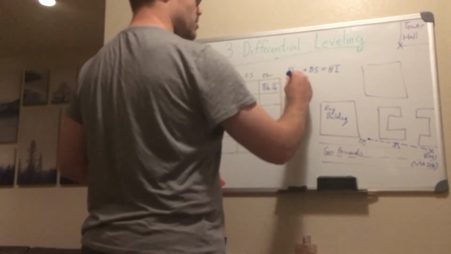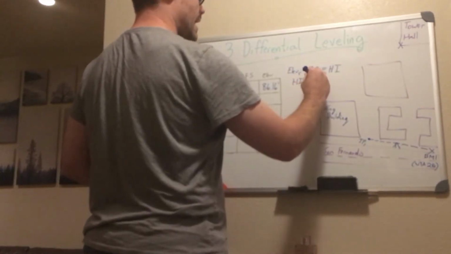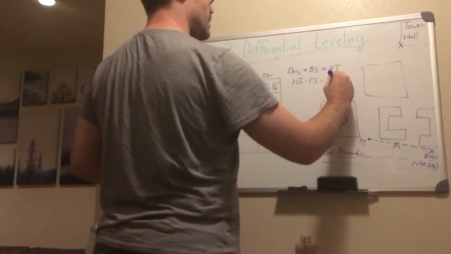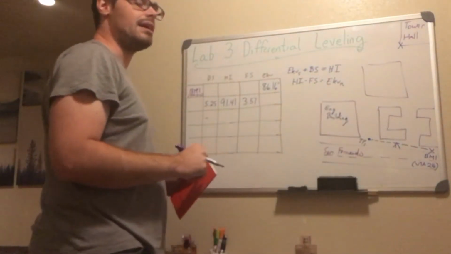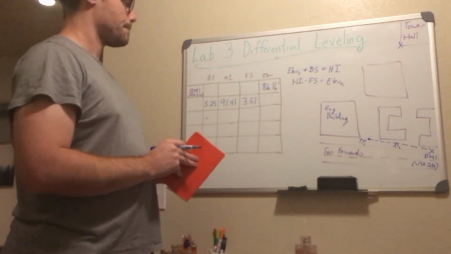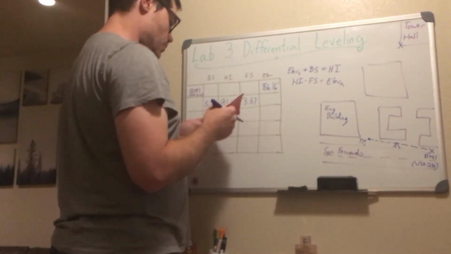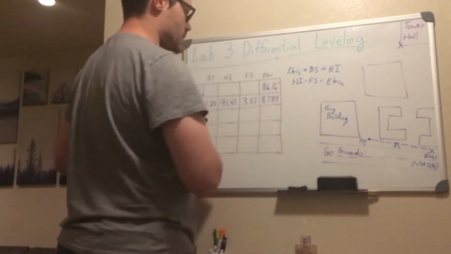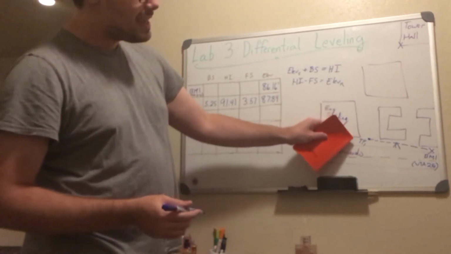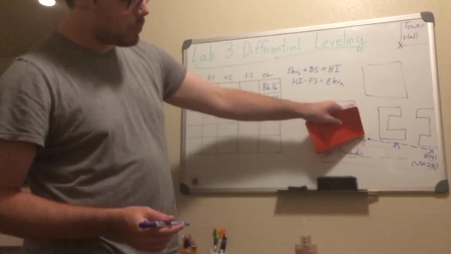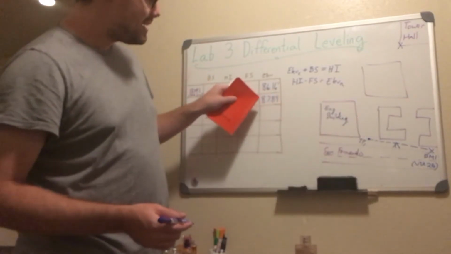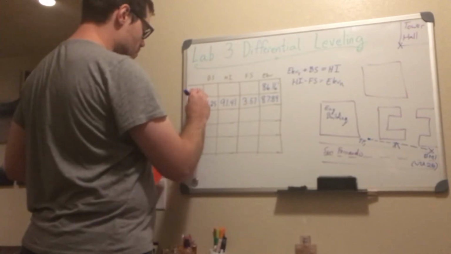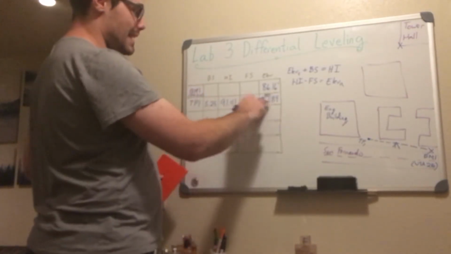We take that, HI, we subtract the foresight, and that gives us our elevation new. And I'll put N for new. Okay? So, if we subtract those out, we get 87.84 feet. So that means, quite literally, that the elevation on the ground at the exact point the Philly rod is standing at turning point 1 is 87.84 feet. And we'll go ahead and label this TP1, so we know that that's what that is.